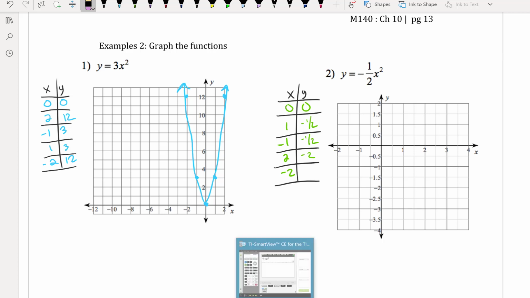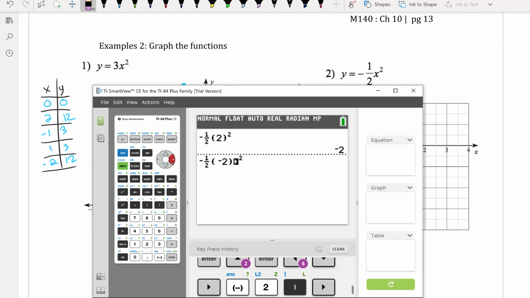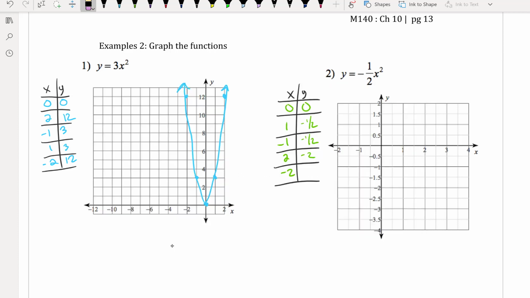So let's see what happens when I plug in a negative 2. I get negative 2 back.